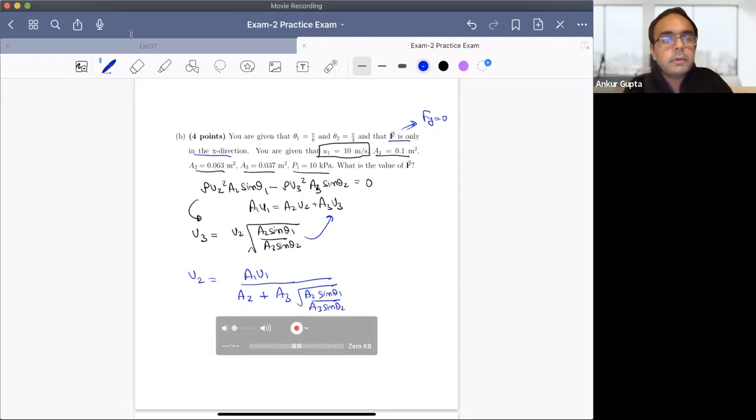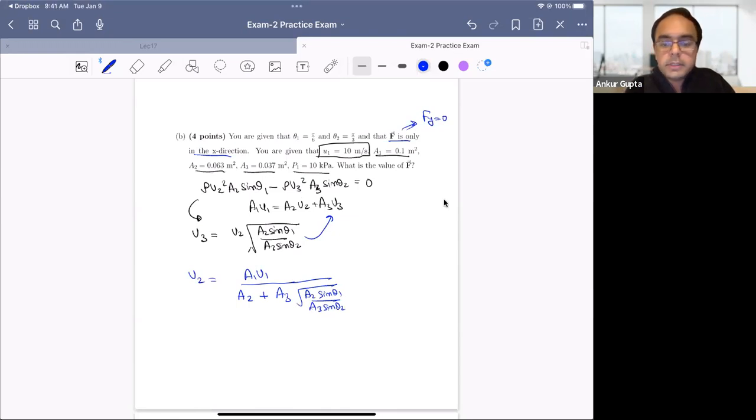I'll just quickly pull up the values to put them in. All right, give me 1 second. So let me put the values. A1 is 0.1 meter square.